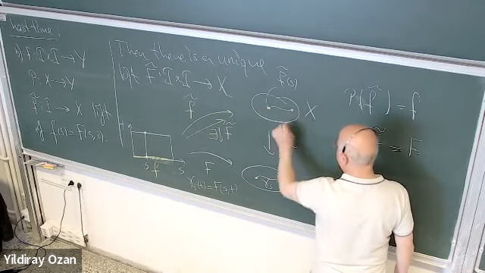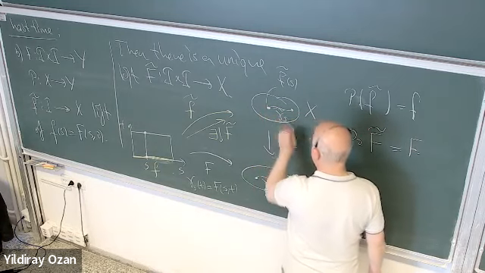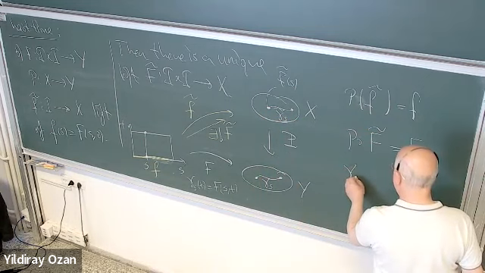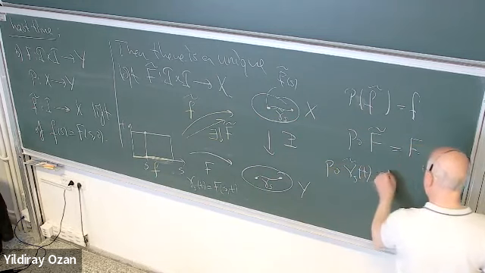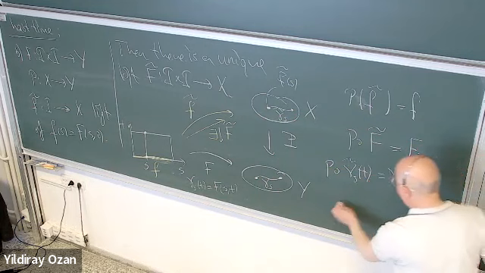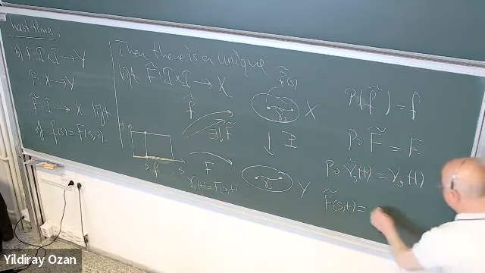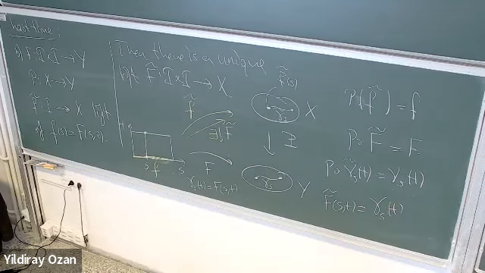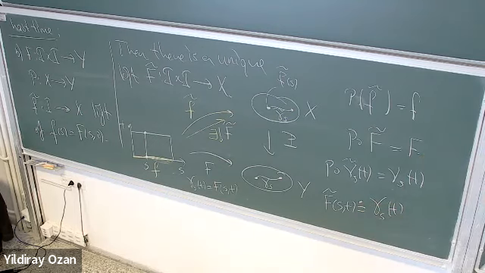So we have this so-called gamma tilde s. So gamma tilde s t is so that p of it is just gamma s t. And then we define our F tilde of s, t as just the image of gamma tilde s at t. Okay, so that's the definition of F tilde.